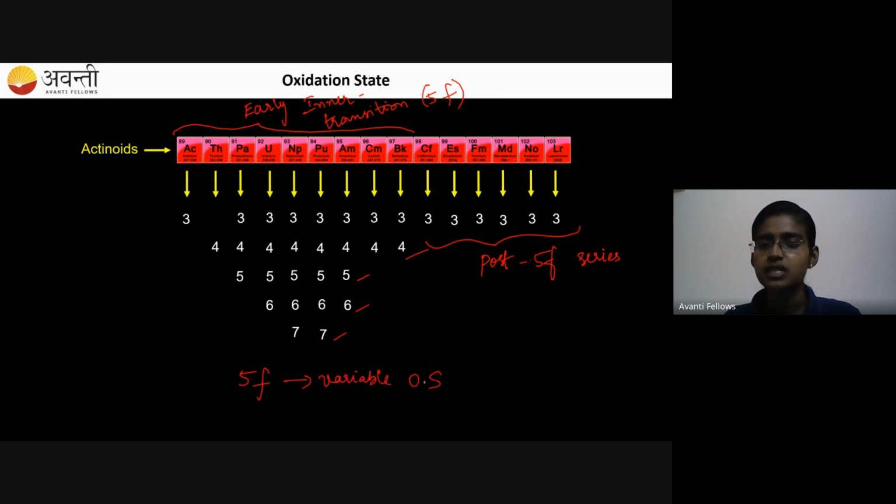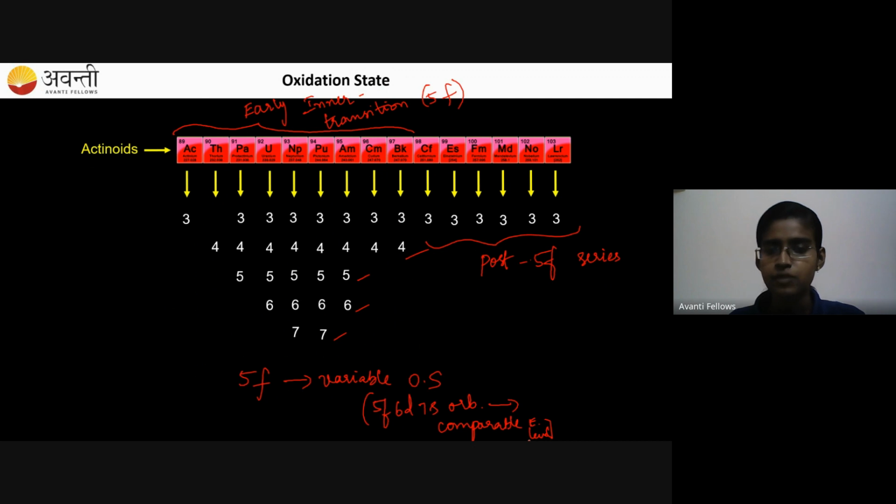Why? Due to the comparable energy levels of 5f, 6d and 7s orbitals. Okay. This is the reason for the variable oxidation state of early inner transition elements.